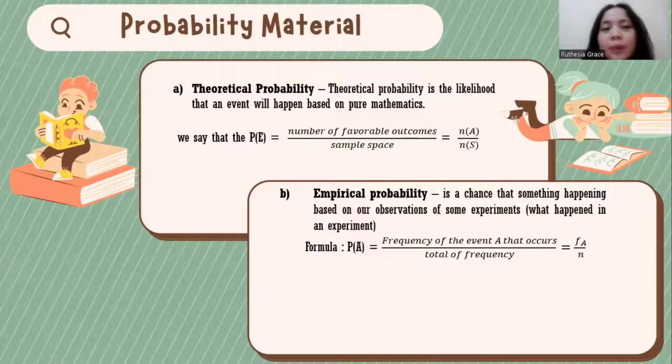Next, the second probability type is empirical probability, which is the chance that something happens based on our observation of some experiments, or what happened in an experiment. For the formula, the probability of event A is equal to the frequency of event A that occurs over the total frequency.